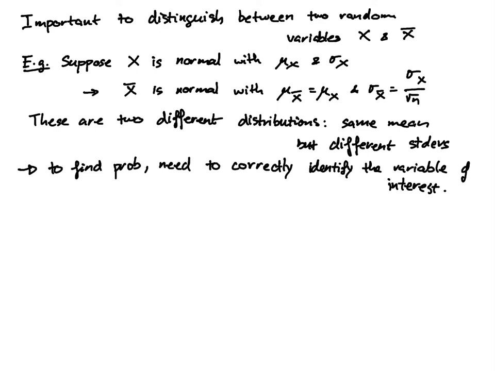In other words, if you are asked about x, then you want to use mu of x and sigma of x to standardize and find probability. But if you are being asked about x bar, then you want to use mu of x bar and sigma of x bar to standardize and find probability.